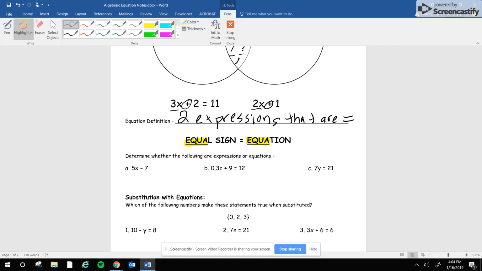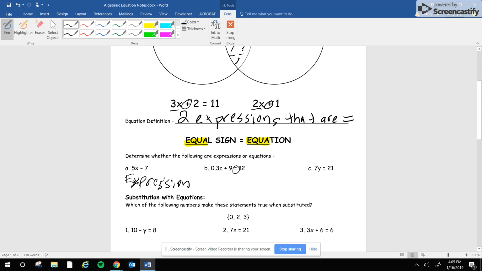Now, looking at the next thing, we're going to determine whether the following are expressions or equations. The first one we have is 5 times x minus 7. There's no equal sign, so this is an expression. On B, we have 3/10 times c plus 9 equals 12.